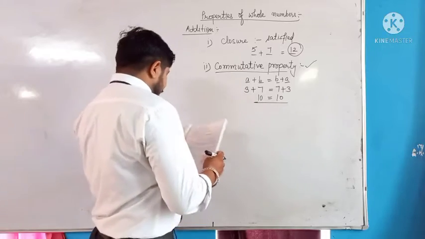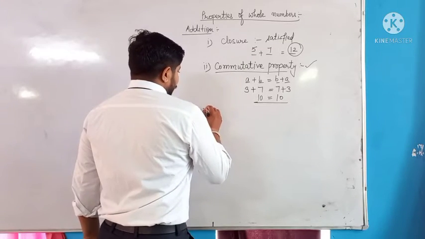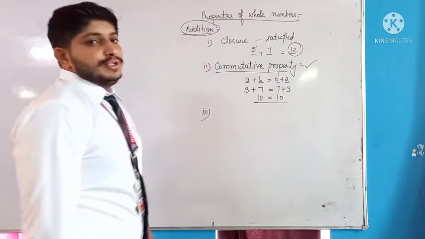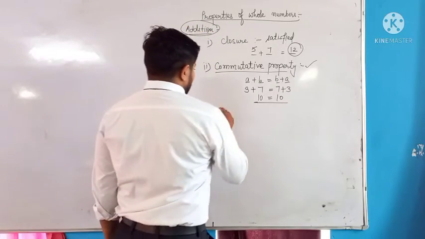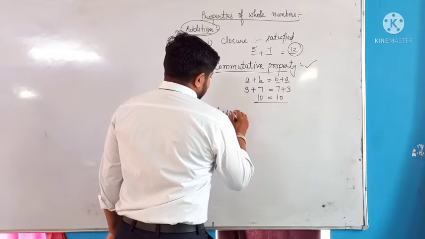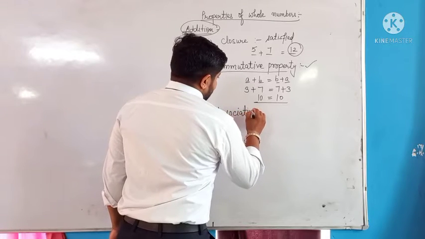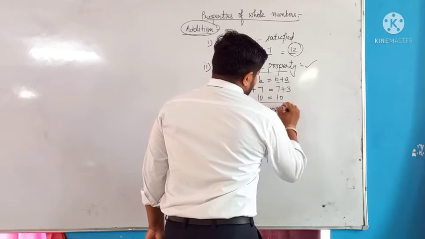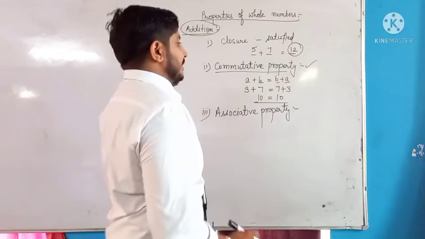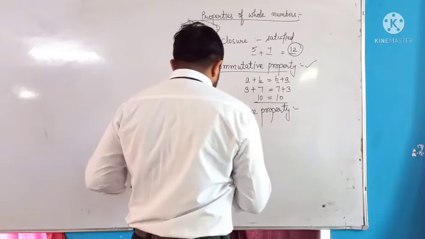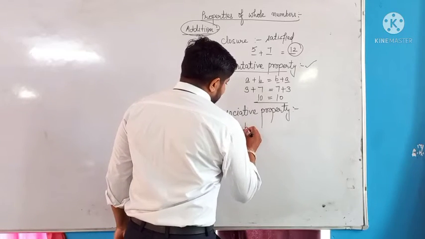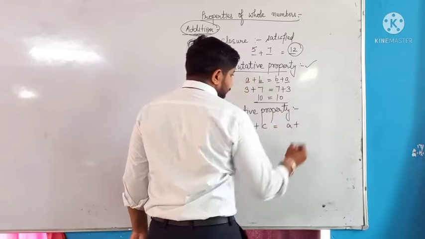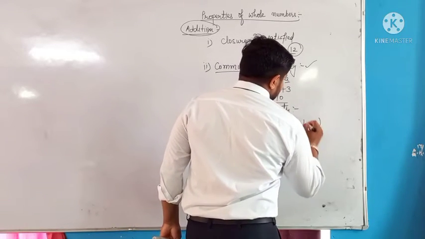Next, associative property. We are discussing this property under which operation? Addition. Associative property, beta. In associative property there are three numbers, like a plus b plus c equals a plus b plus c, grouped differently.